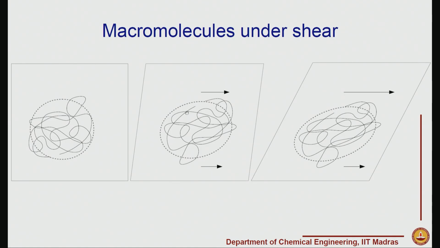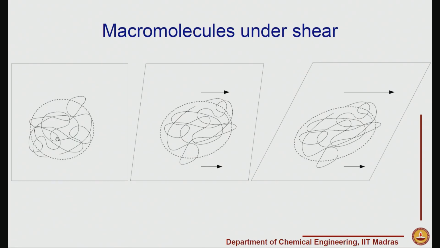If the same situation is seen at a higher shear rate, the difference between the velocity at this end of the macromolecule and the velocity here will be very different, and in general the upper part of the macromolecule may get dragged a little higher.